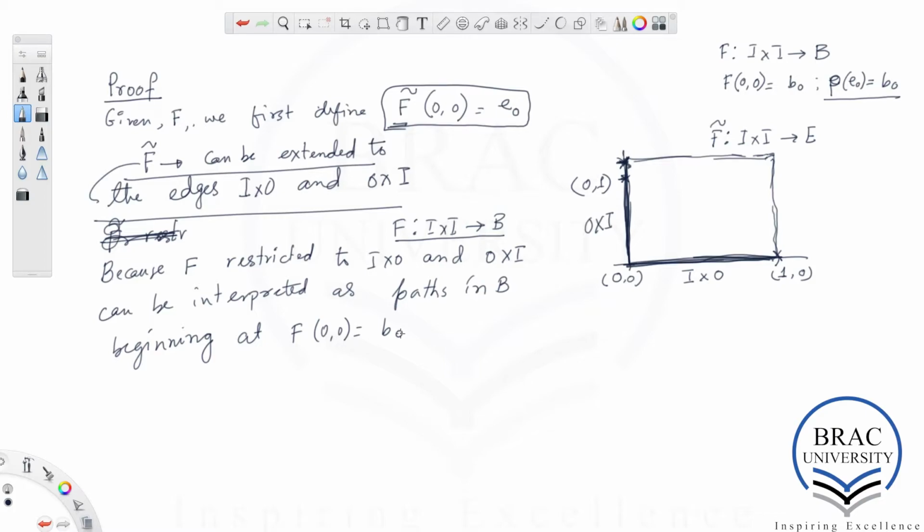What I am saying is that f restricted to I cross 0 is a path in the first variable, and f restricted to 0 cross I is a path in the second variable.